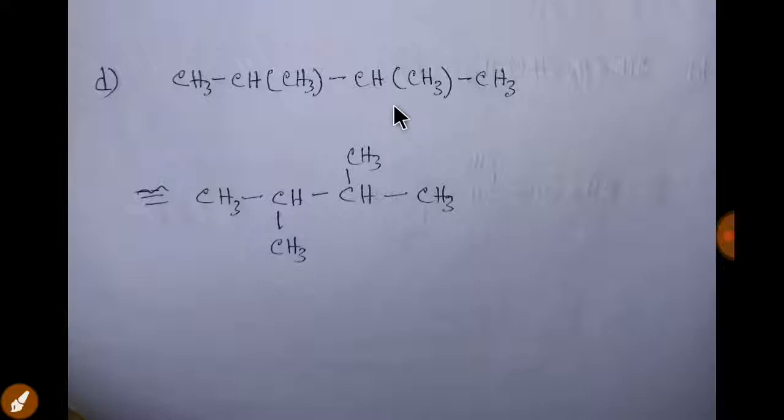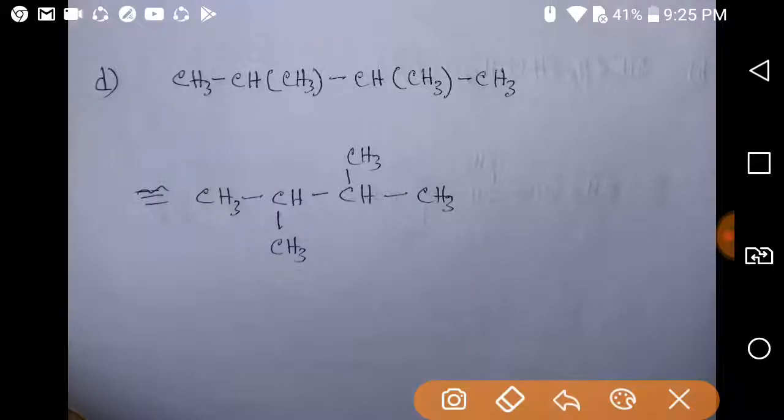So this is 1 2 3 4, right? At first I have to take the position of the branch chain. So 2 3, this is 2,3 hyphen.